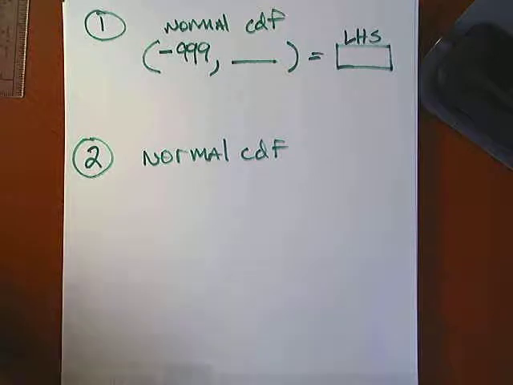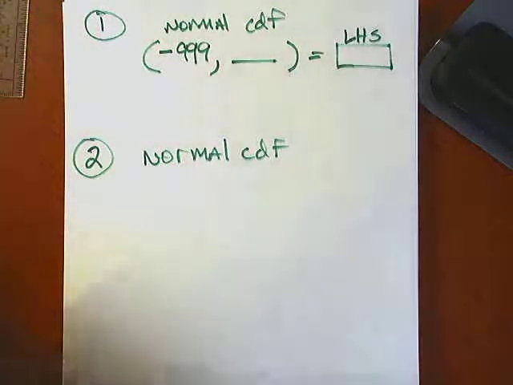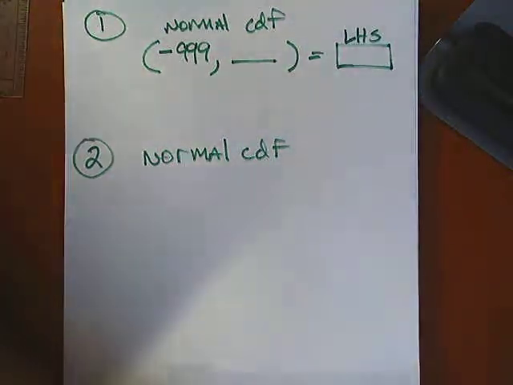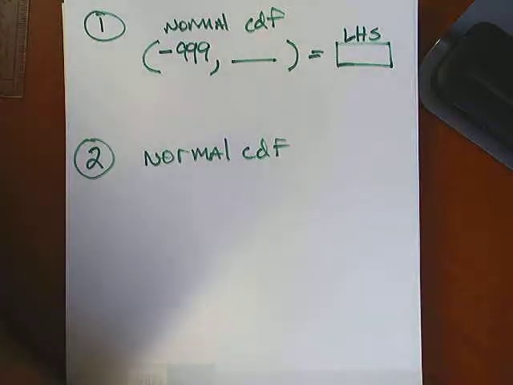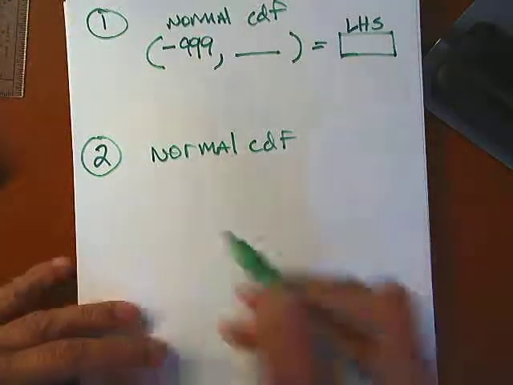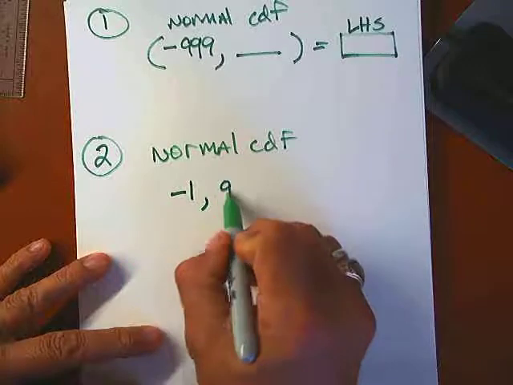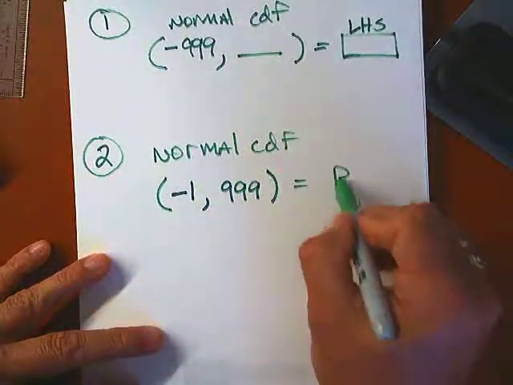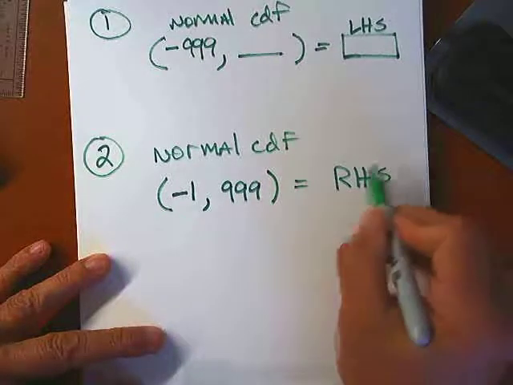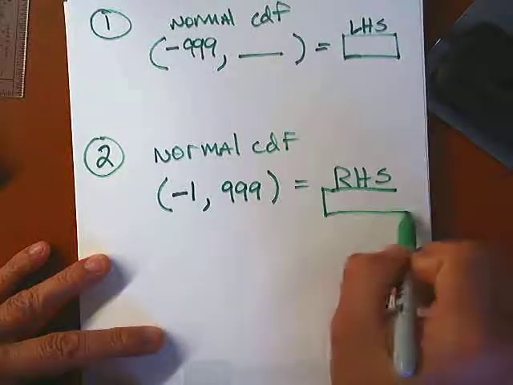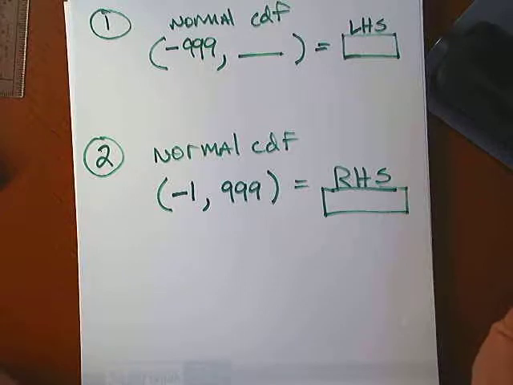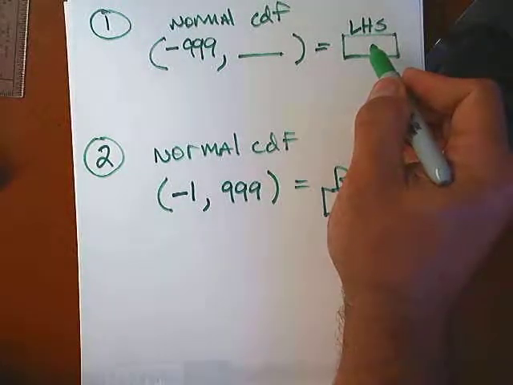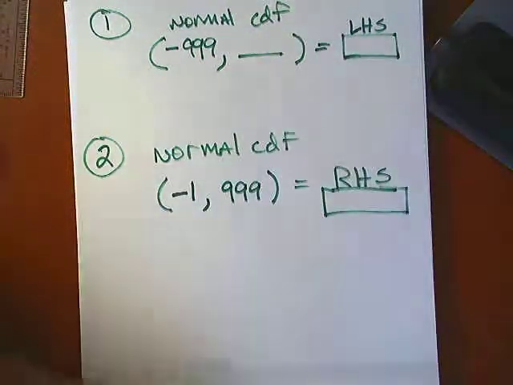So using these 3 with your handy-dandy calculator, you type in second vars, negative 999, comma, and whatever number, second vars normal CDF, and that will give you your area on the left-hand side. Okay?